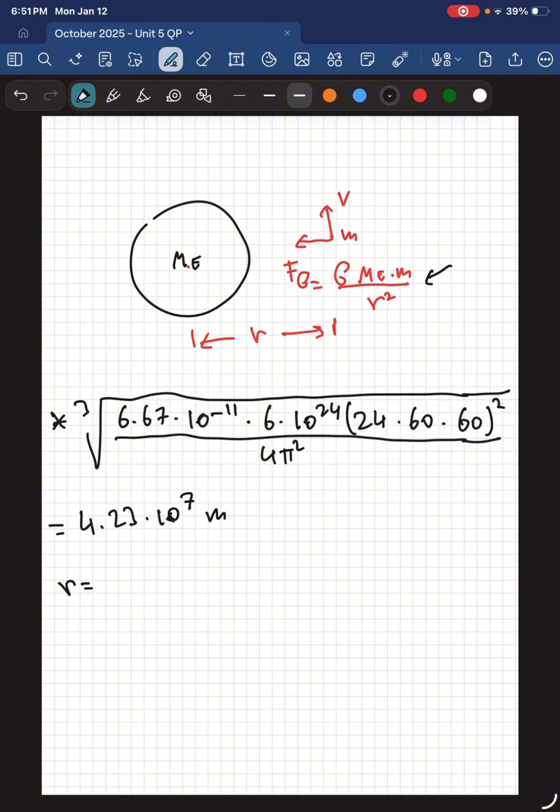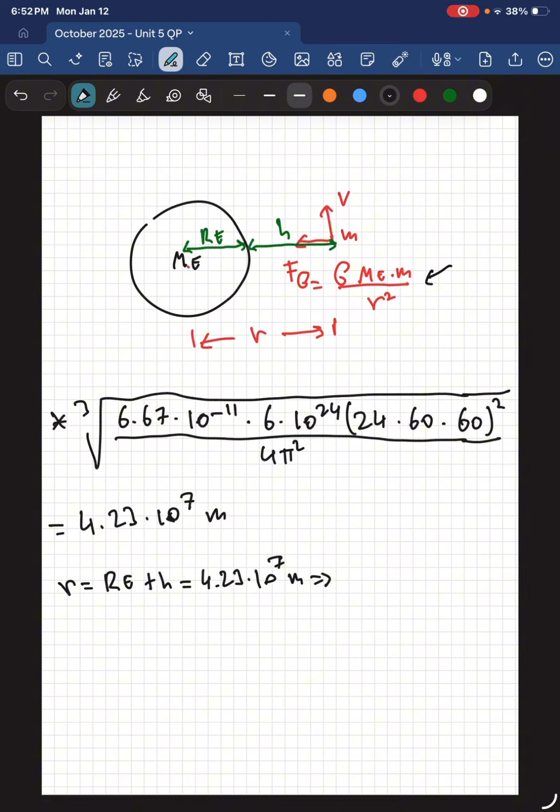So R is equal to the radius of the Earth, right? You can see it over here. So this is the radius of the Earth, and this is the height from the surface, right? So R is equal to the radius of the Earth plus the height from the surface, and this is equal to 4.23 times 10 to the 7 meters.